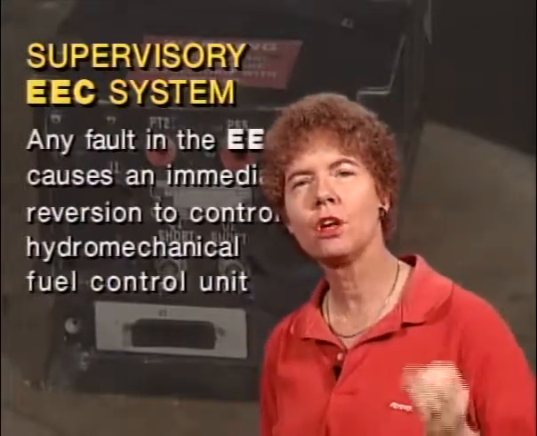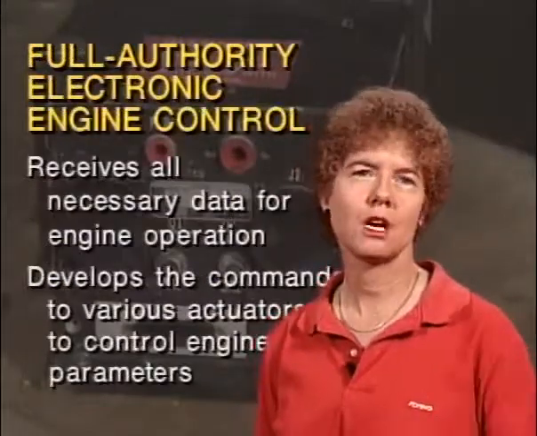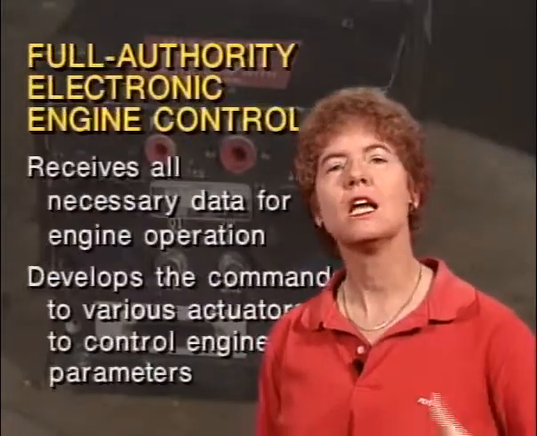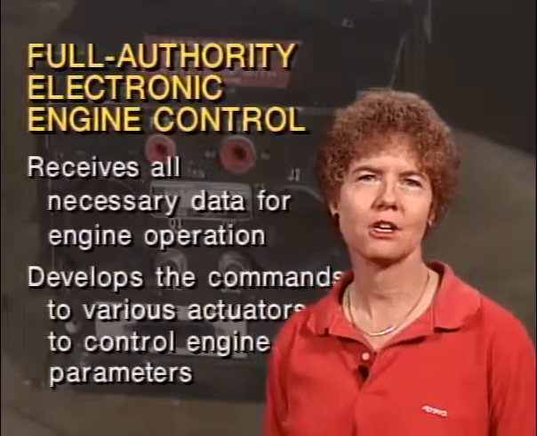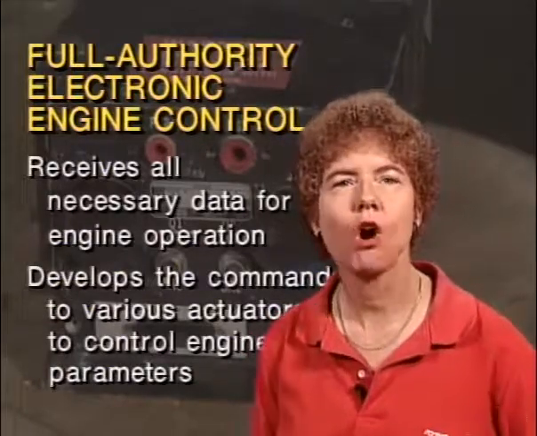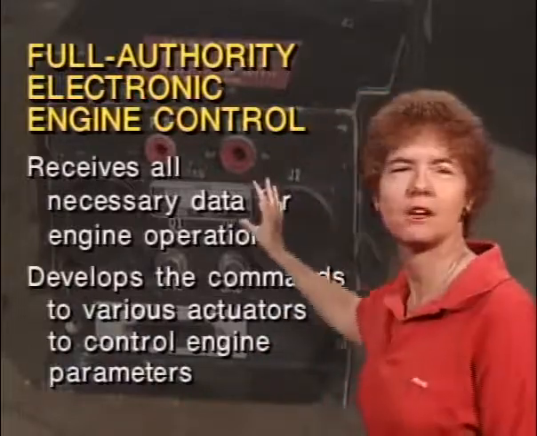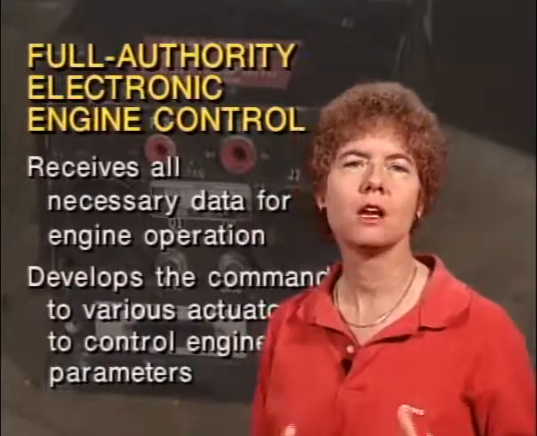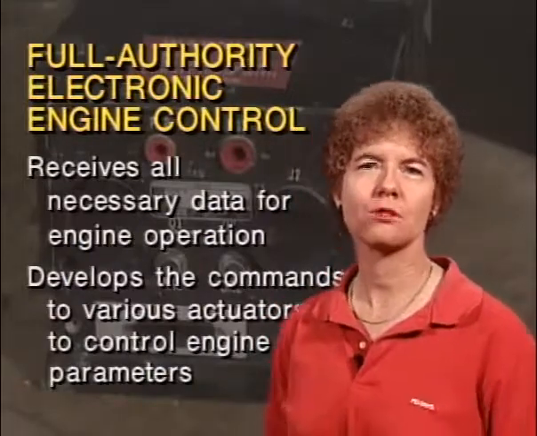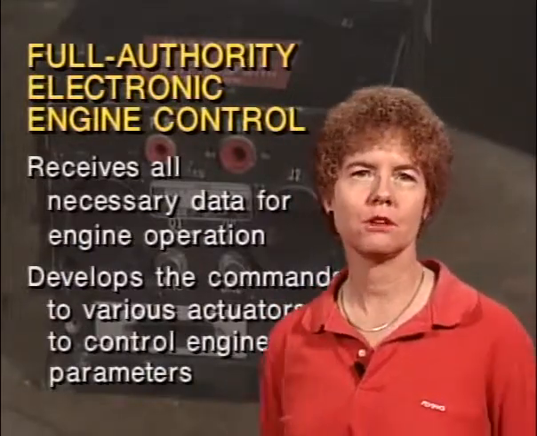A full authority electronic engine control unit is a little bit different. A full authority electronic engine control system receives all of the necessary data for engine operation, and that unit develops the commands to various actuators to control engine parameters.